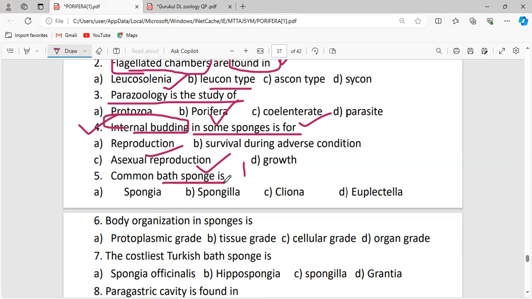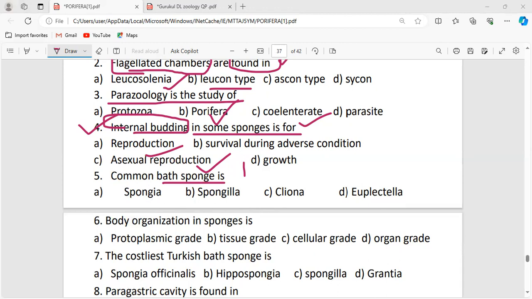Okay, common bath sponge is: Spongia, Spongilla, Cleona, Euplectella. Right or wrong, just answer the question.